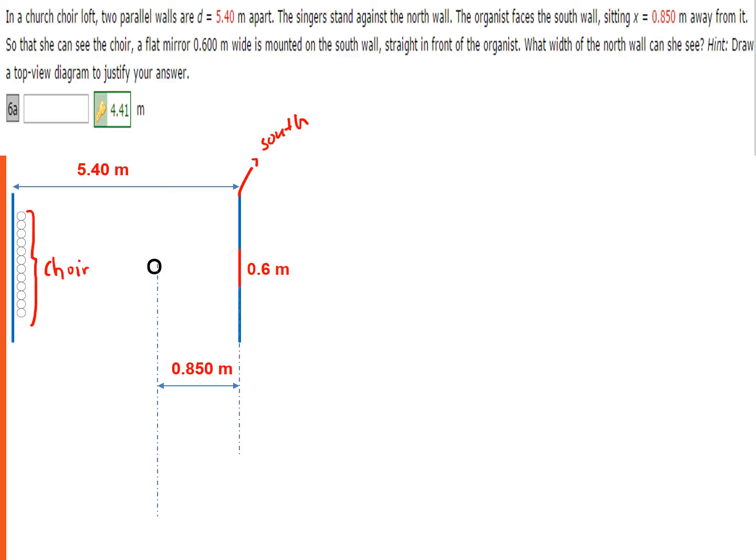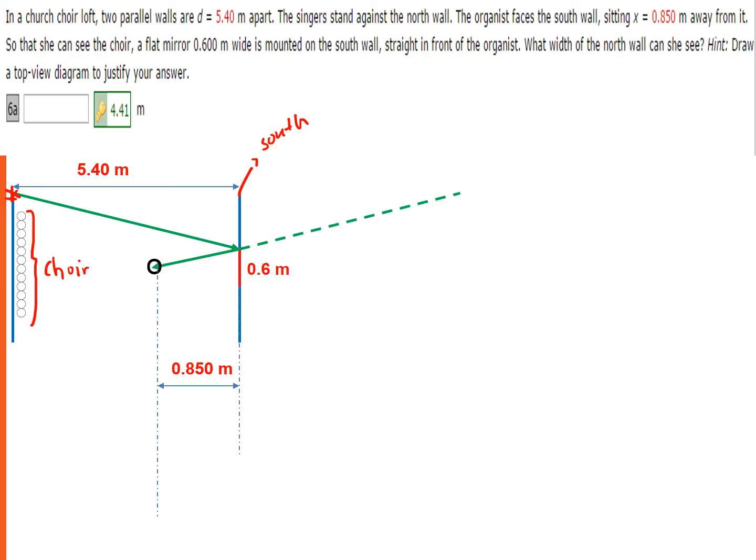So we are illustrating this problem as if we are looking from the top. What's going to happen here is that light rays coming from this part of the north wall would strike the mirror and get reflected towards the eyes of the organist. Now, since we're dealing with a flat mirror, and we know that flat mirrors produce virtual images, we will trace the reflected ray backwards, so behind the mirror.